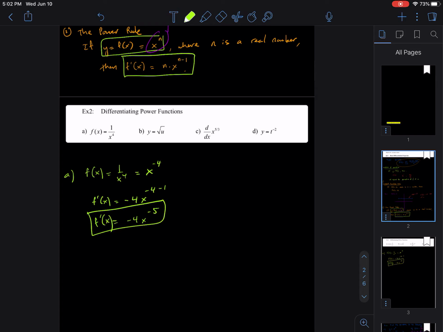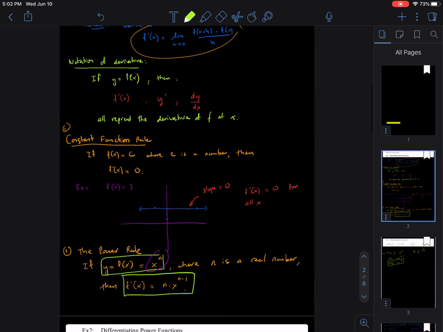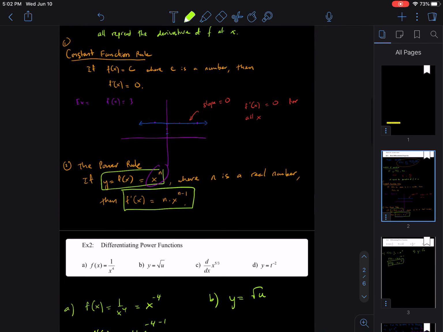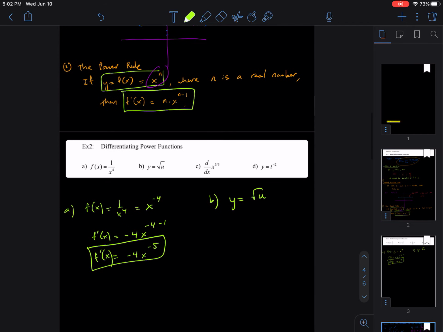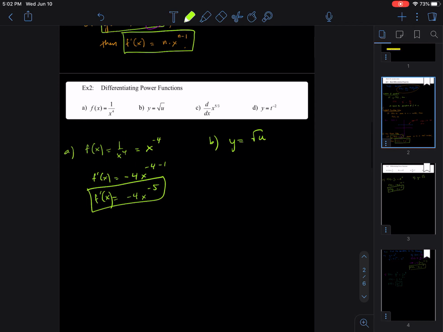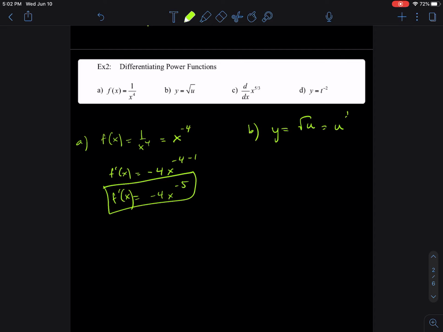B, y equal to radical of u. Same thing. In order for us to use the power rule, we have to make sure that it's in this form x to the n or u to the n. Well, we have a radical. So what we want to do here is rewrite that radical as a power. To square root a number is the same thing as taking that number raised to the 1/2 power.